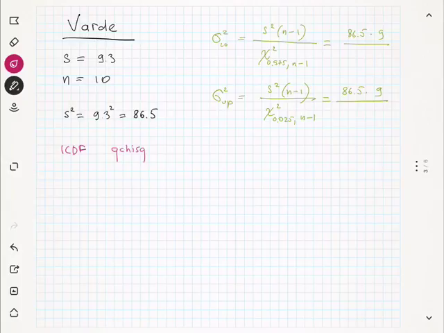So I just need to run this code, 0.975 and 9, which gives me 19. And then similarly, we can find the chi-square value for the other tail, 0.025, 9 degrees of freedom, which is 2.7. So you can just write 19 here and 2.7 here.